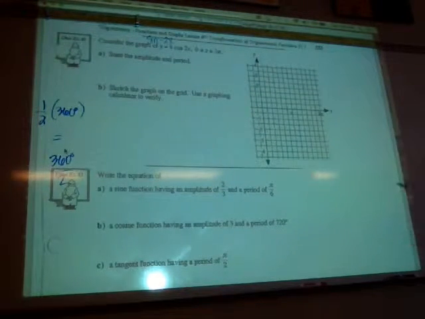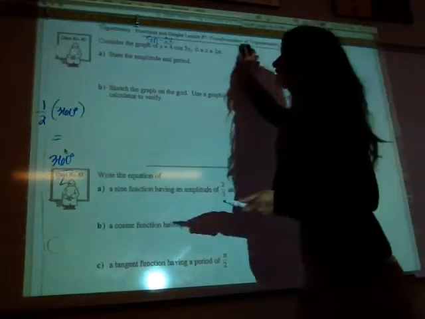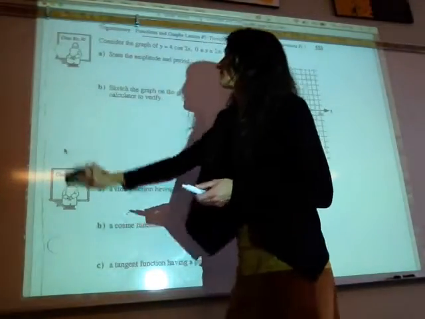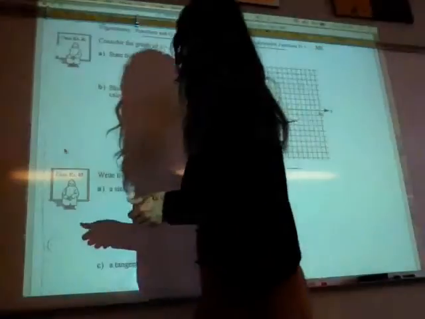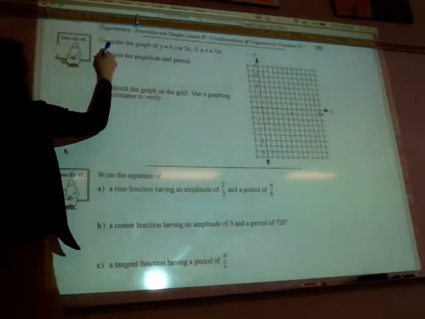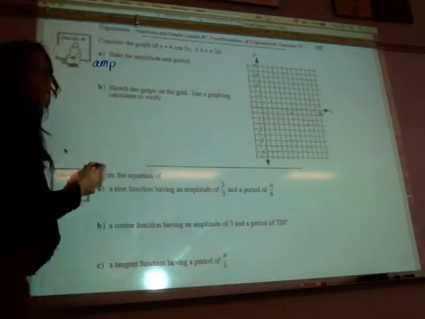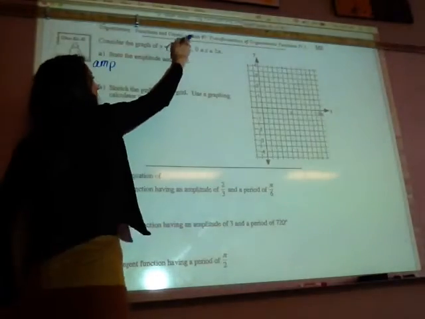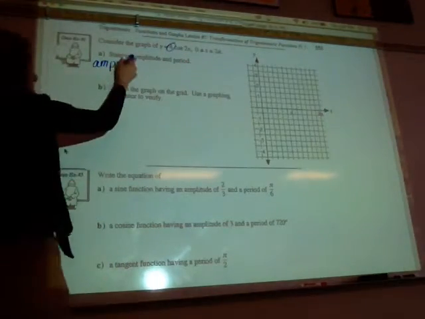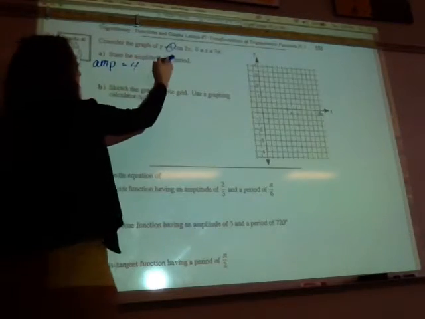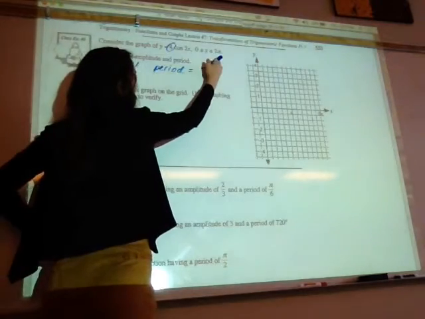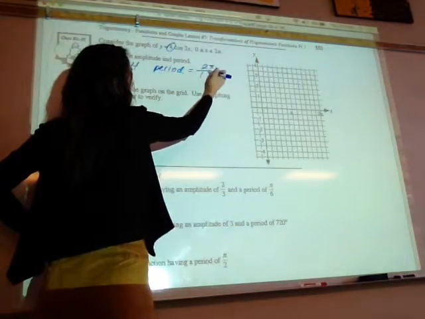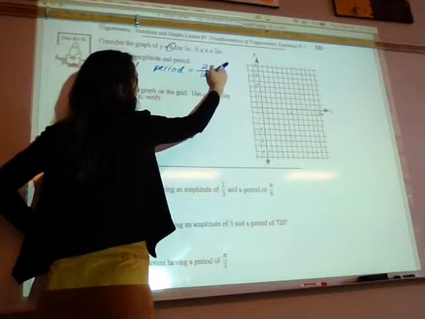So we have the graph of y equals 4 cosine 2x, and our domain is between 0 and 2 pi. Just looking at the equation alone, who can help me out with the amplitude? Okay, good. The a value is your amplitude. And then the period we calculate by going 2 pi divided by the absolute value of our b, which is 2.